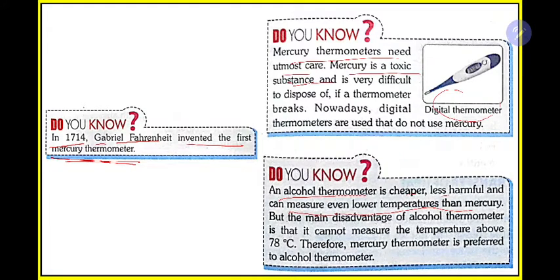These are known as alcohol thermometers. They are cheaper and less harmful, because mercury is a harmful chemical, and alcohol is not that harmful. Everyone uses alcohol in sanitizers, so you can prefer that also. But in general no one uses the alcohol thermometer. Everyone uses the general mercury thermometer.